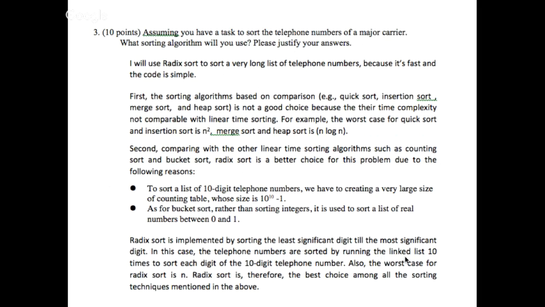We need to run through the linked list only 10 times for a list of 10-digit telephone numbers to be sorted. And the time cost again here is n. So that's why I pick radix sort as the sorting algorithm to solve this problem.